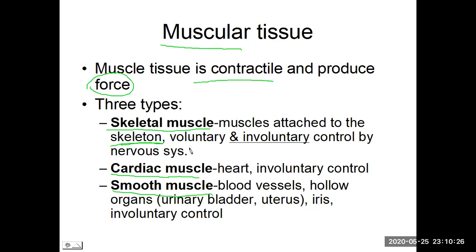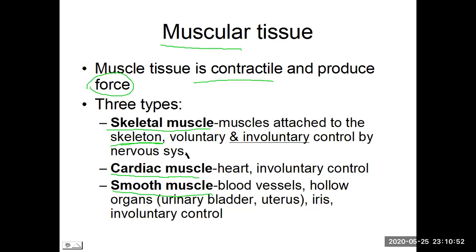Skeletal muscle now has these two different systems of control by the nervous system. Our nervous system, our central nervous system, is the control center for all of the functions of our body. And there's both what's considered voluntary control and involuntary control of skeletal muscle that comes from the nervous system.